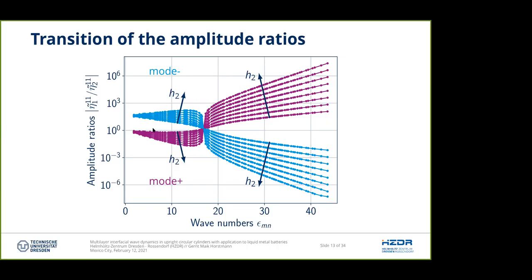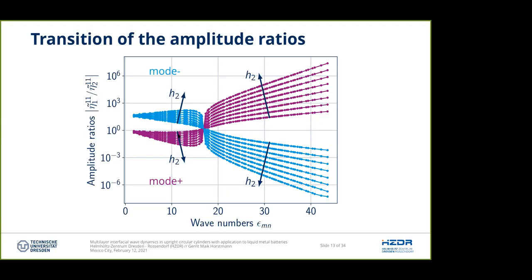And I plotted these curves for different electrolyte layer heights. So here the inner solutions have a very thin electrolyte, while the outer curves describe large electrolyte layers. And you can see you have perfect coupling when the amplitude ratio is 1, because then of course both interfaces are subject to the same displacement.